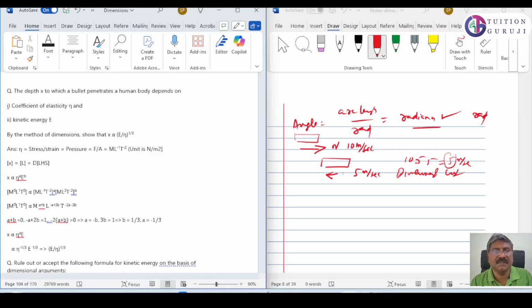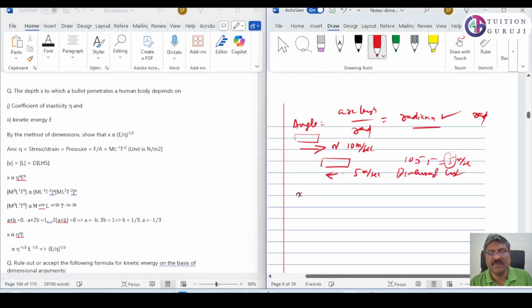The depth x to which a bullet penetrates the human body depends upon, that is proportional to, the coefficient of elasticity eta and the kinetic energy E. So we know that eta, the coefficient of elasticity, is equal to stress by strain.